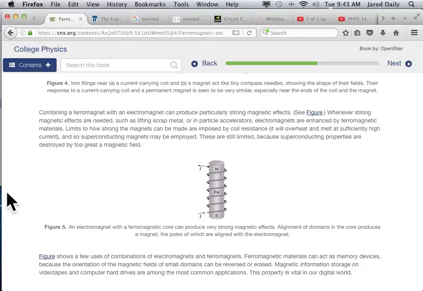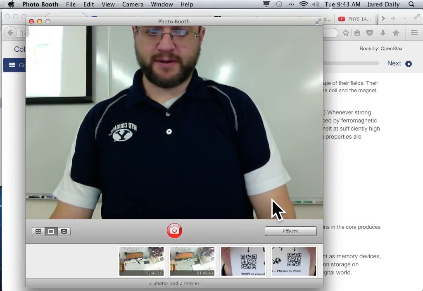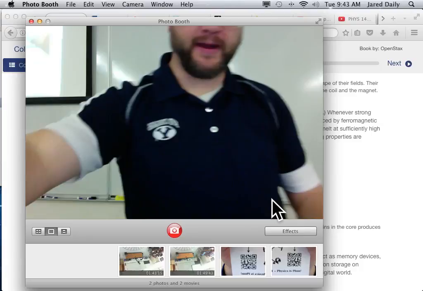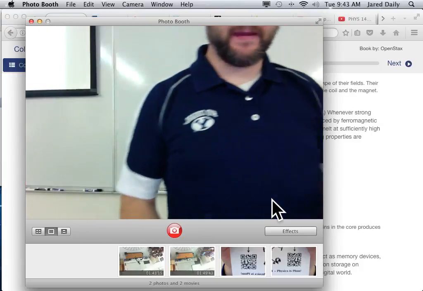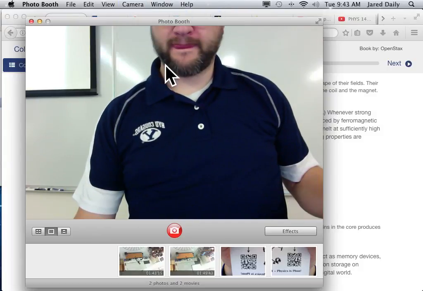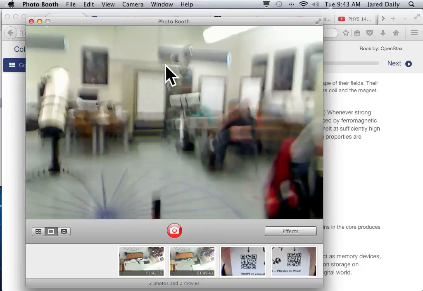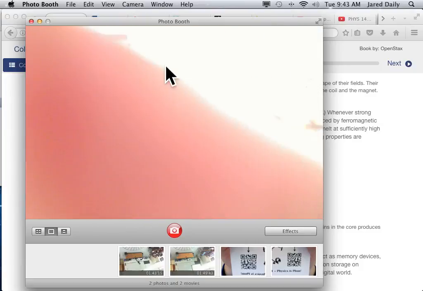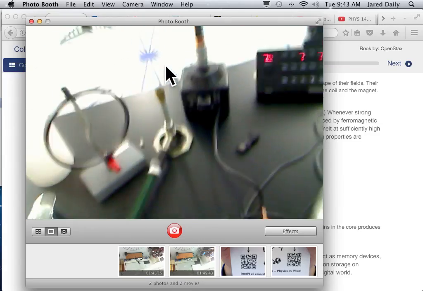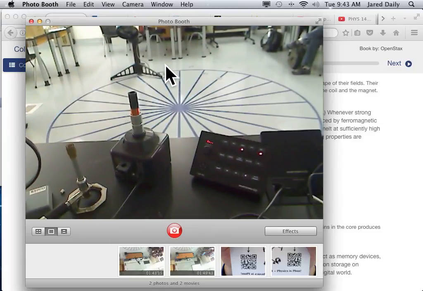Let's use the right camera. It's upside down, let's do it right side up. I've got to mount this camera somewhere where you can see what's going on. There we go. Okay, so here's my ring launcher.